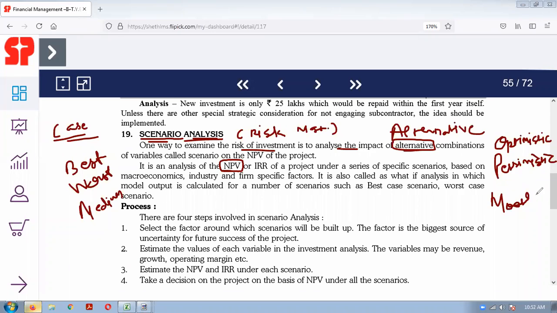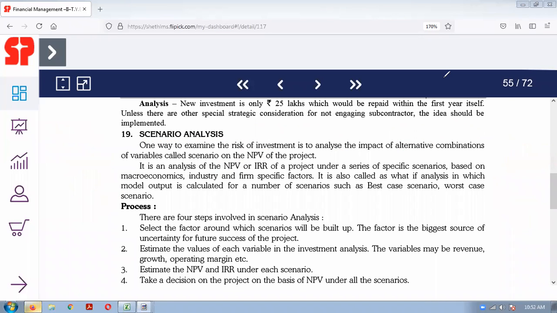This means average. It will lie between both optimistic and pessimistic. That is a normal, we can say, normal behavior, most likely case. So in these three cases, we will analyze the NPV in optimistic situation, in pessimistic situation, and most likely situation. So this analysis in three different cases, optimistic, pessimistic, and most likely, is known as scenario analysis.